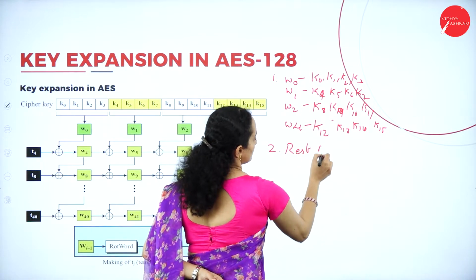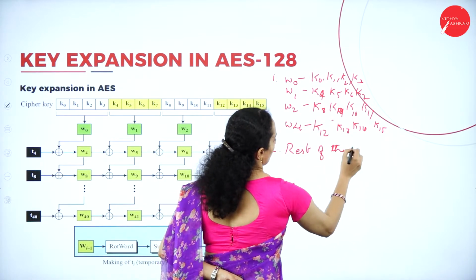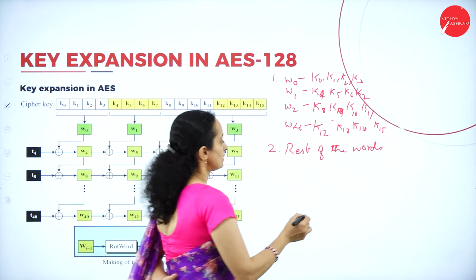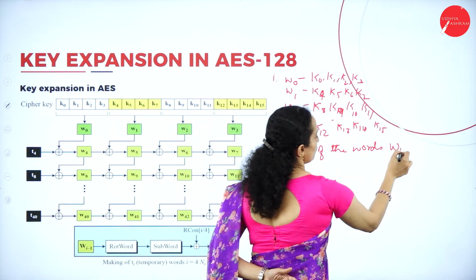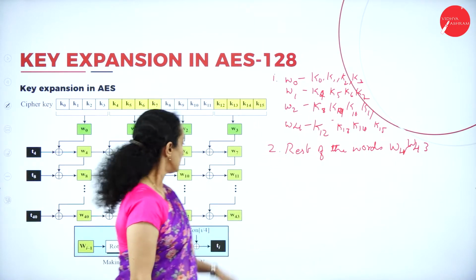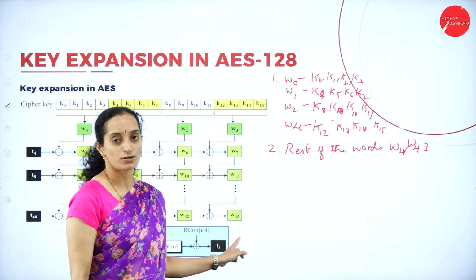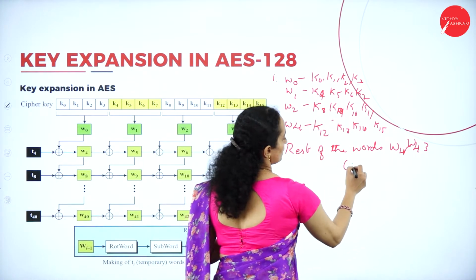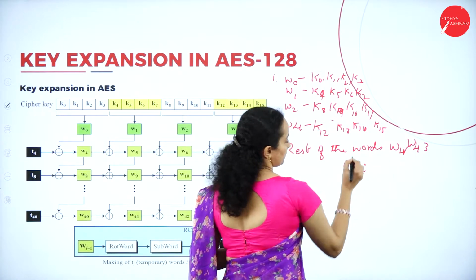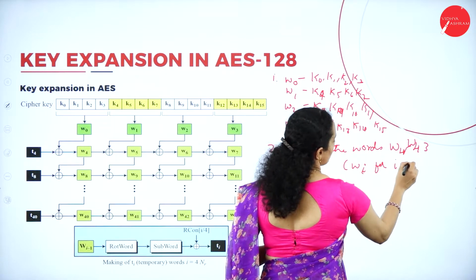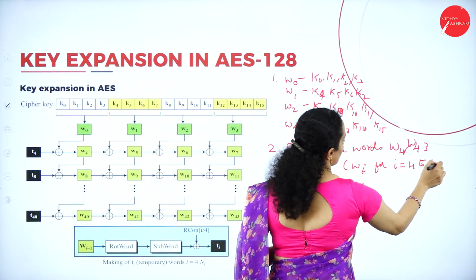The rest of the words, starting from W4 to W43, can be generated as follows, for i equals 4 to 43.